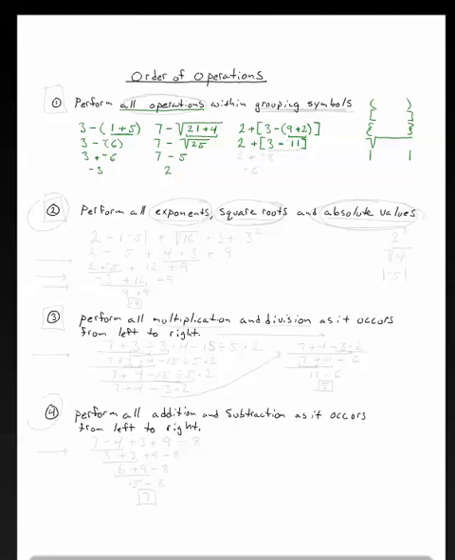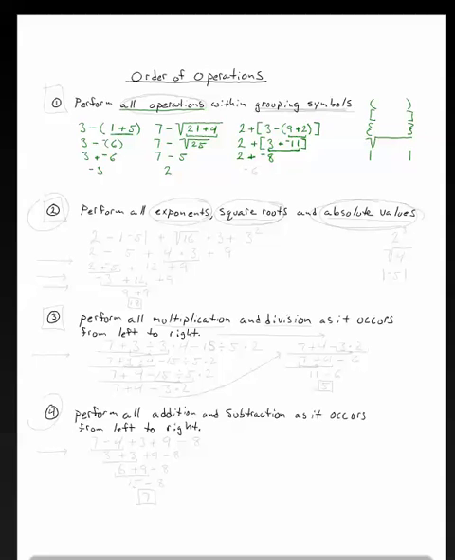Next, I'd say, okay, well, these brackets are still a grouping symbol, and I have an operation to perform inside that grouping symbol. Well, minus positive 11 is the same as plus negative 11. So now I've got 3 plus negative 11, which is negative 8. So I've got 2 plus negative 8.